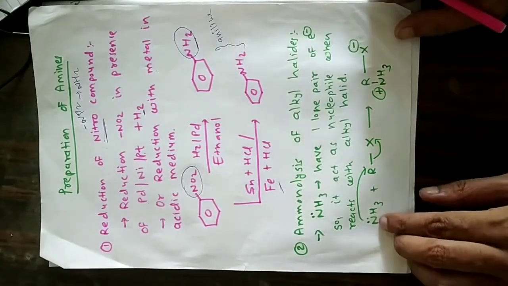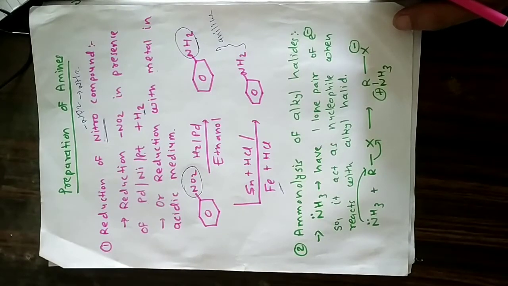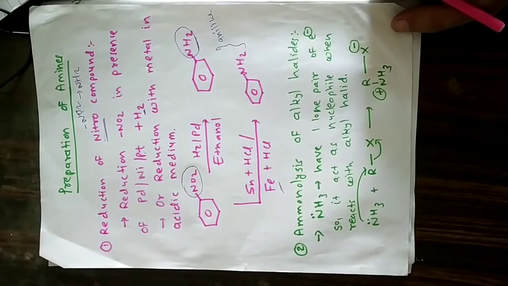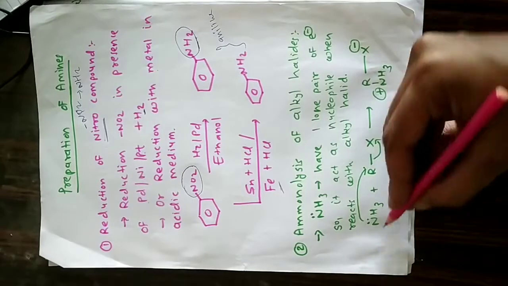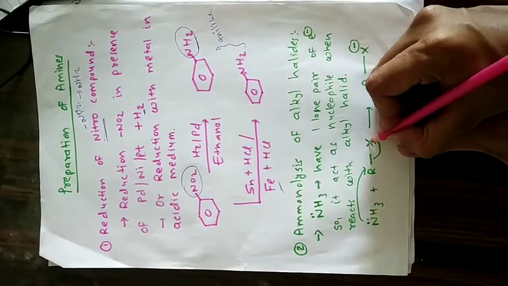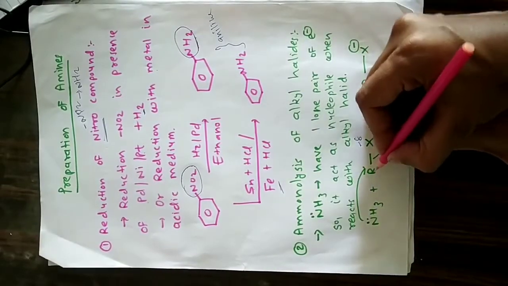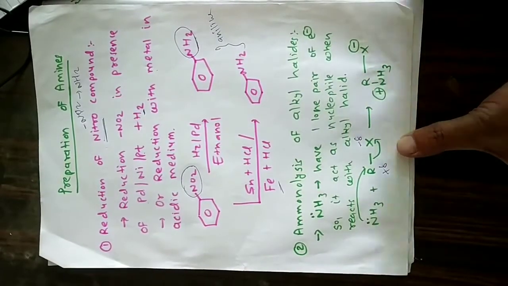Now ammonia has this lone pair of electrons, non-bonding electrons. In alkyl halide, halogen has more electronegativity, so it is partially negative, alkyl is partially positive.